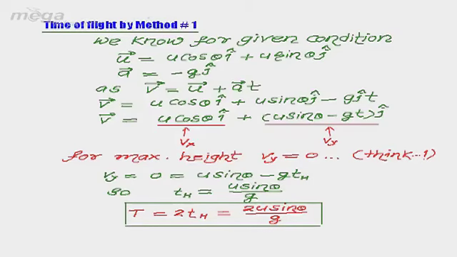Now, we will proceed to get this result by the second method also. So please go through it, because it will give you an advantage in your application part. As we have discussed, in the second method, the information of initial velocity and acceleration is the same as on the previous page.